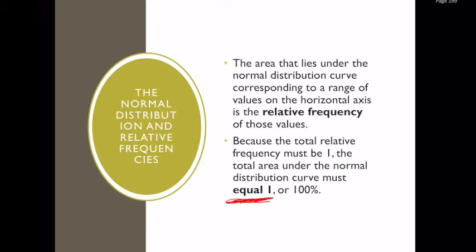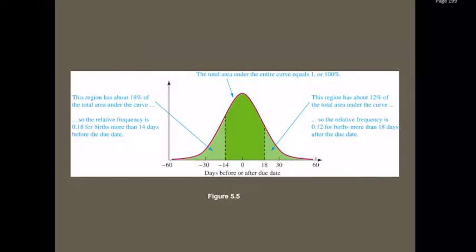So here is the normal curve of the distribution of 300 natural births, right? The total area under our curve is 1, or 100%. We can use this curve to find the areas, right? So for example, if you look at 14 days before the due date, this region here has an area of 0.01.